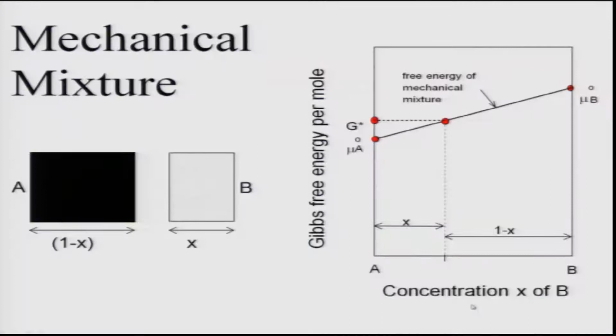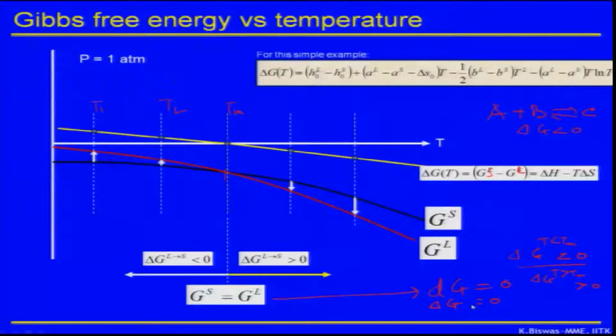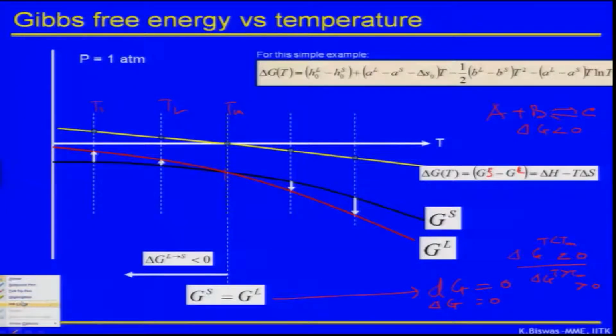To give you an idea, this condition will remain the same, universally the same for all systems: the direction of the phase transformation depends on the sign of delta G. Delta G is 0 at the transformation temperature, whether it is melting, solidification or any solid state transformation. If delta G is negative, the transformation will happen in the preferred direction.